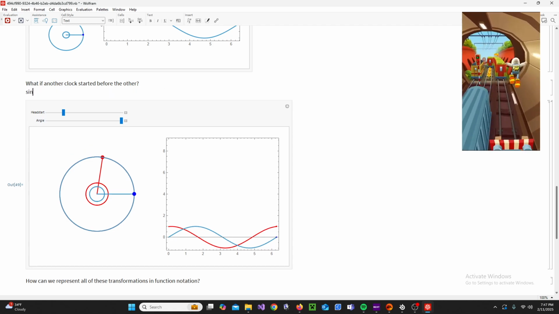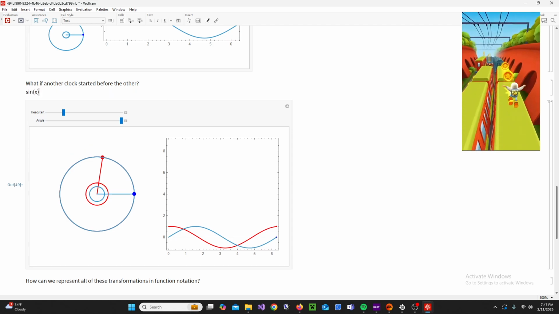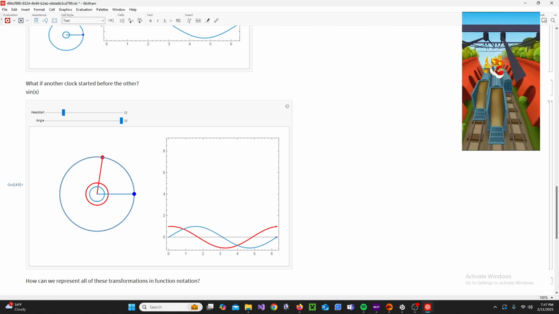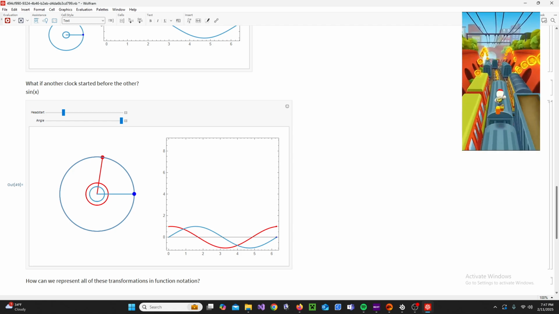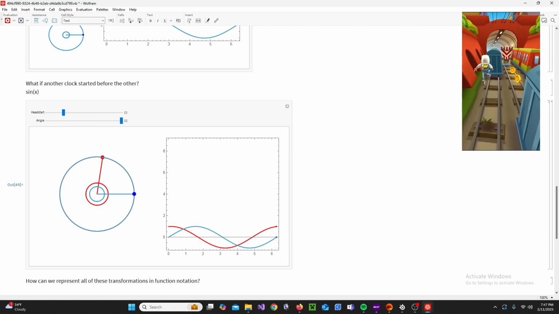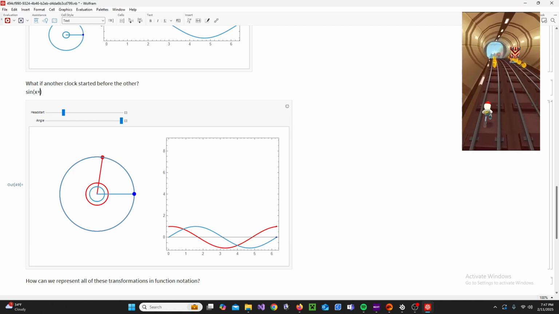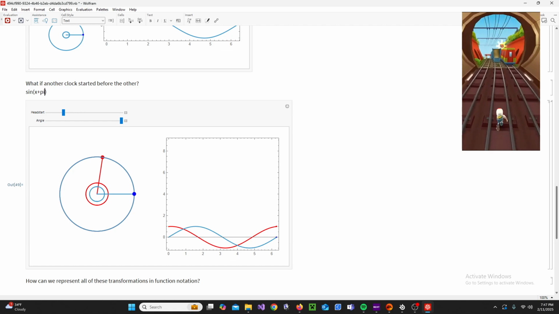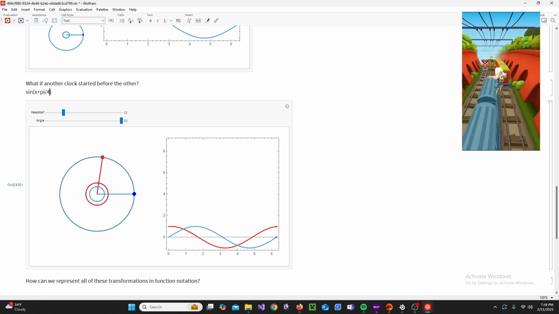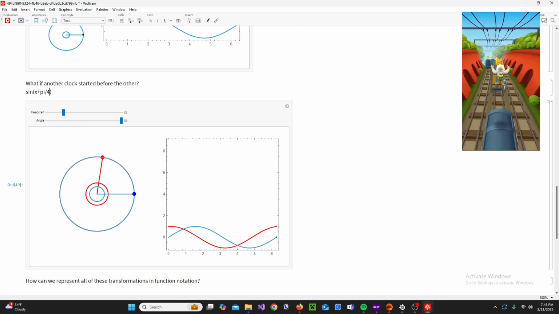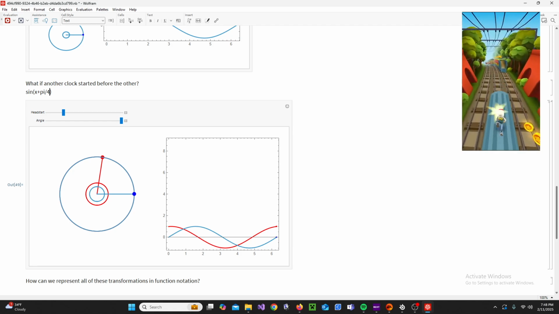And how do I represent this inside the function? Well, if I started with just sine of x, and I started before the other one, then that's taking all the values I had and adding something to them. So if I started something like a quarter of a rotation ahead, a quarter of a rotation in radians is pi over 4, so that'd be my head start.